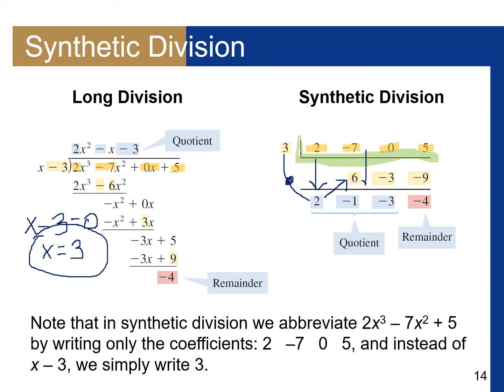And I get -1. Now I multiply together, I get -3. And I add straight down, I get -3. Multiply 3 times -3, I will get -9. Add straight down, and I will get -4.